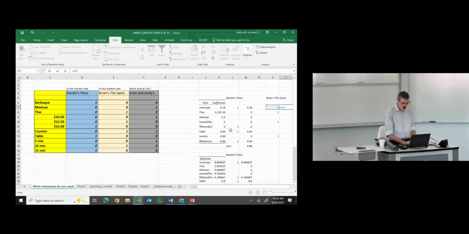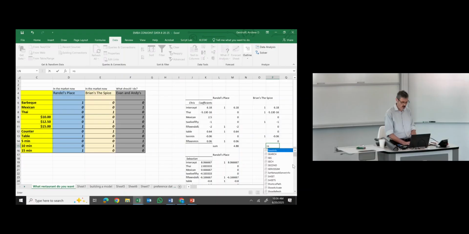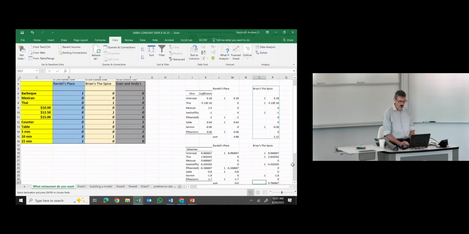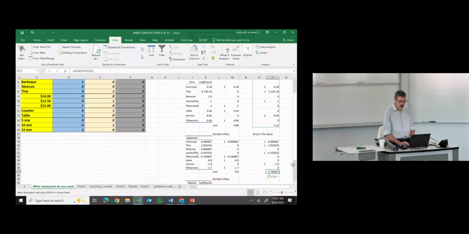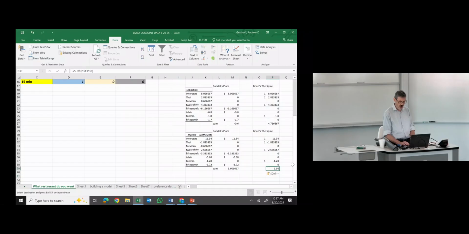So this times coefficient. Sum of these. Here's my estimate that Sebastian would give it a 4.76, and Nicola would give it a 5.56.